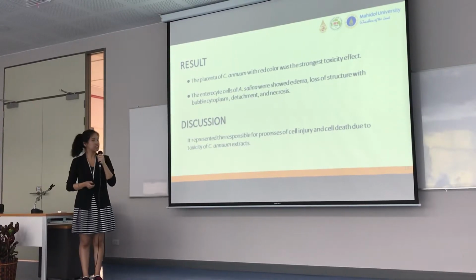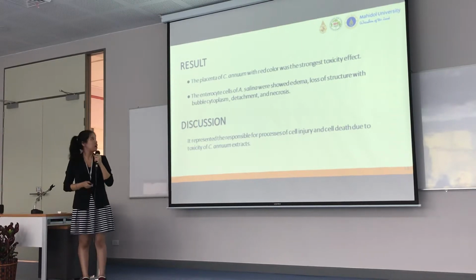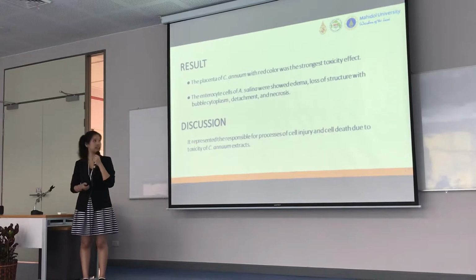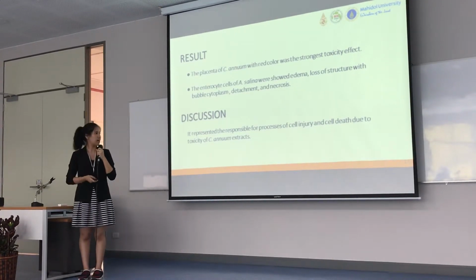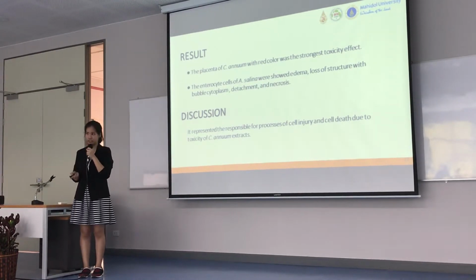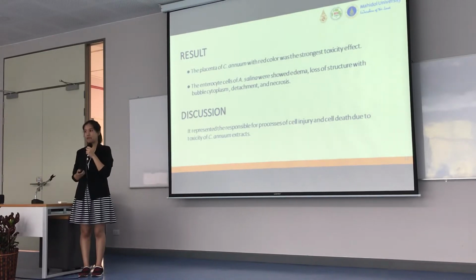The enterocytes, or epithelial lining cells, of Artemia salina show edema, loss of structure with bubble cytoplasm, detachment, and necrosis area. All of this represents the process of cell injury and cell death due to the toxicity effect of Capsicum annuum extract.